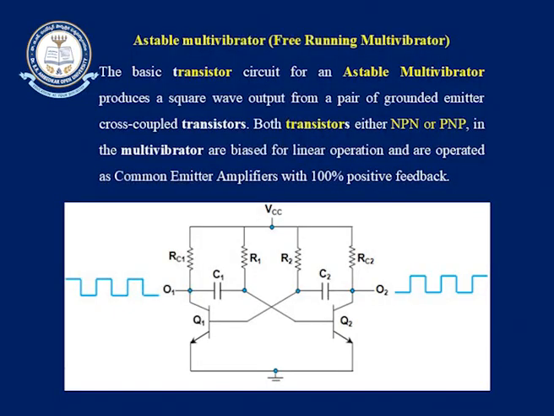Okay, let us go into the detailed picture of the astable multivibrator, also known as the free running multivibrator. The basic transistor circuit for an astable multivibrator, which produces a square waveform, uses a pair of grounded emitter cross-coupled transistors.